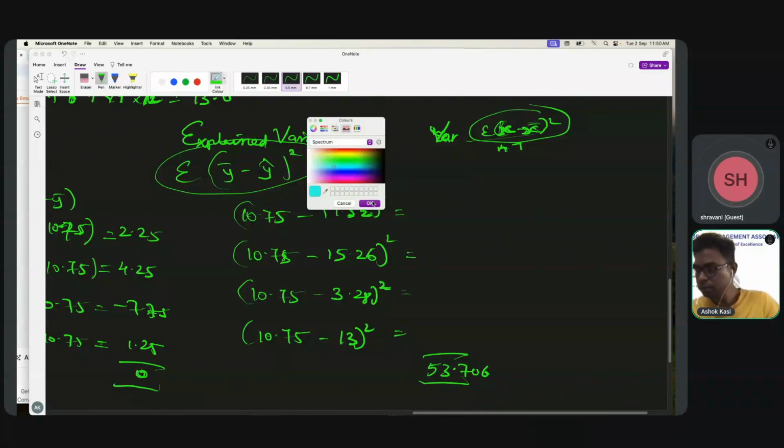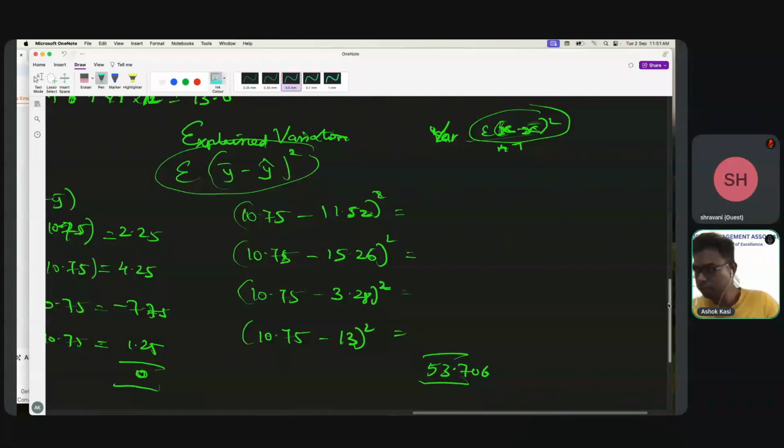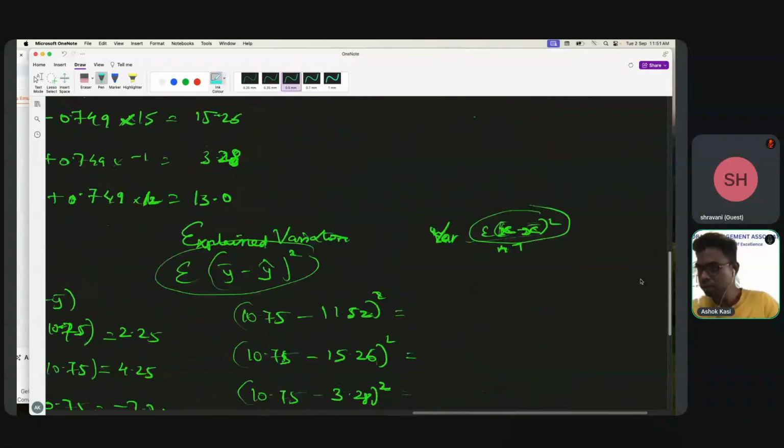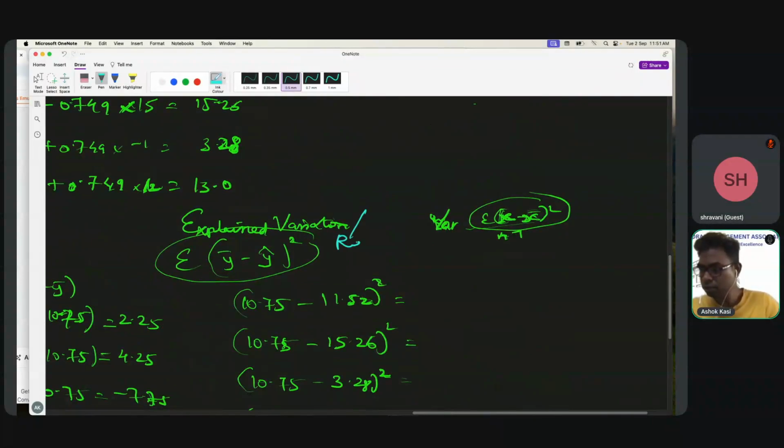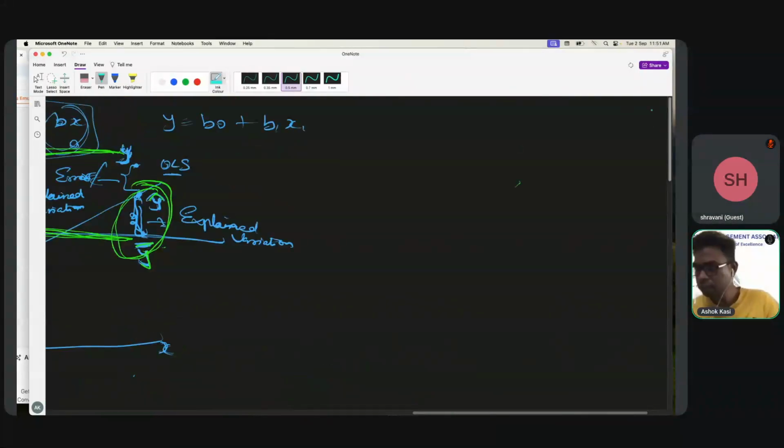Next one is unexplained variation. So this is explained variation or regression. Now unexplained is y hat minus y.